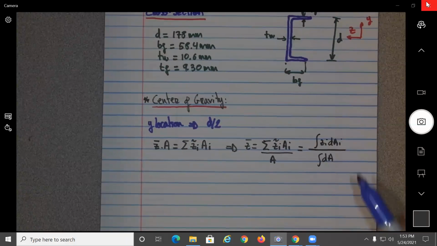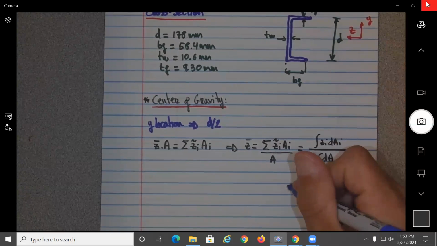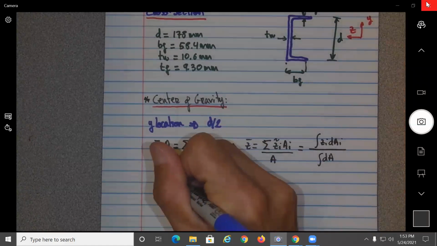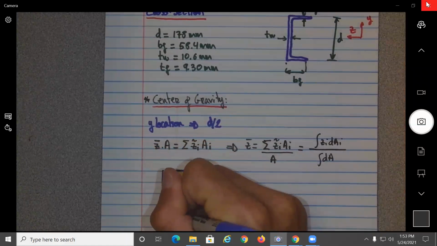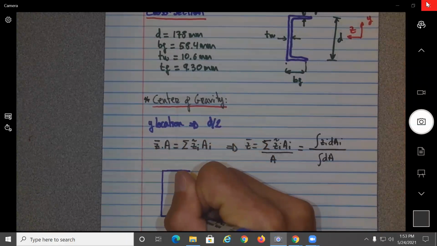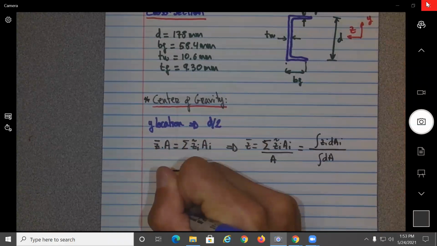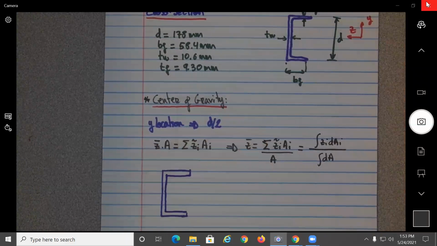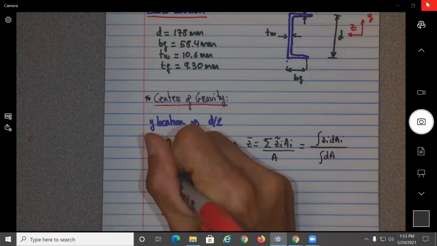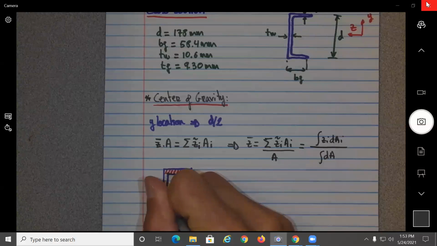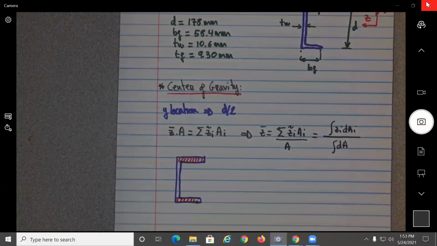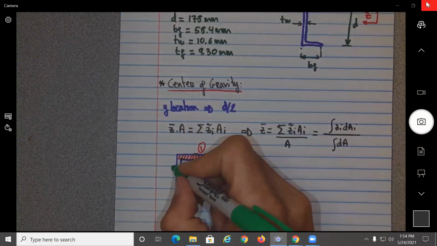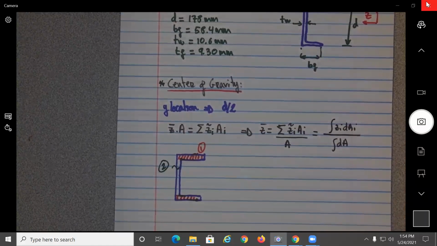Okay, so in our case, I'm just going to do a little sketch of this, a little bit magnified. So let's see what I have. So what I'm going to call here, this will be 1. We're going to break this into 2 different parts. So 1 will be the top flange. And let's say this will be here in green. This will be the second one, the second part.